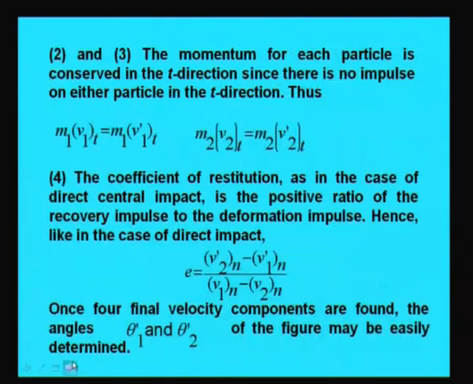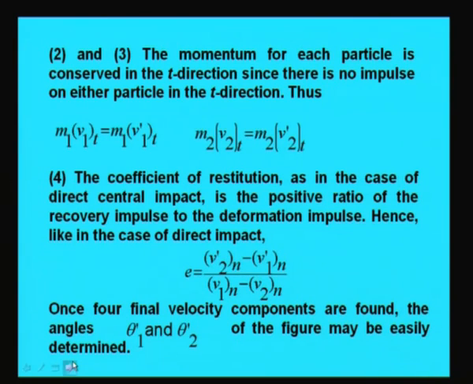How will you get the other equations? The second and third equations come from this consideration: if there is a smooth contact, then there is no impulse on either of the particles in the t direction, so the momentum of each particle is conserved in the t direction. Then m1 v1t is equal to m1 v1 prime t.